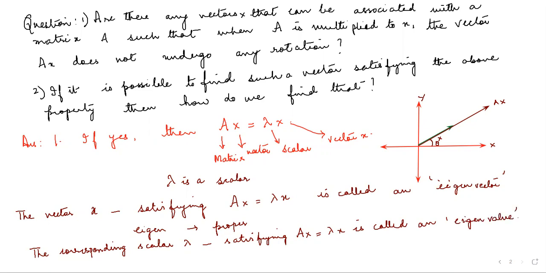So far we have seen where the eigenvalue problem comes from. The eigenvalue is a particular scalar value associated with an equation of this kind, and this equation Ax equal to lambda x is known as the eigenvalue problem.